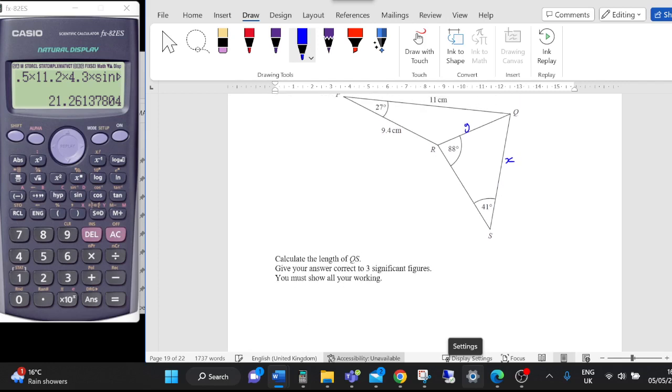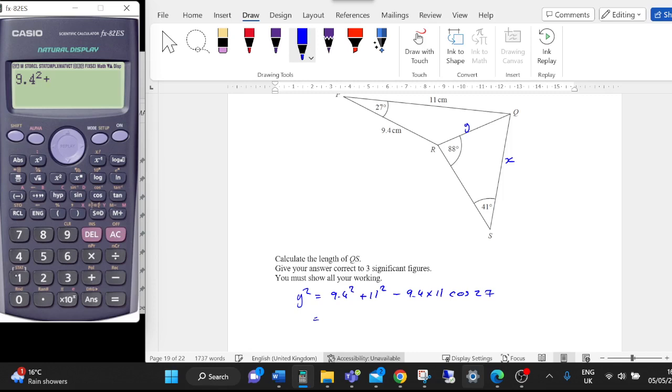the cosine rule. So we're going to say that y squared is going to be equal to 9.4 squared plus 11 squared minus 2 times 9.4 times 11 times cos of the angle, so 27. The fire alarm's doing my head in.